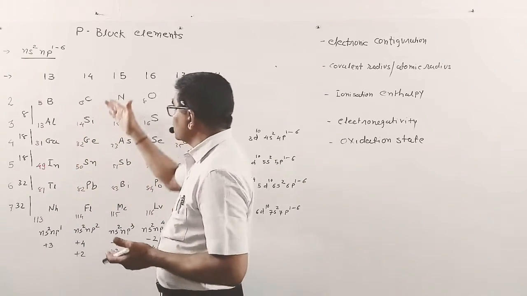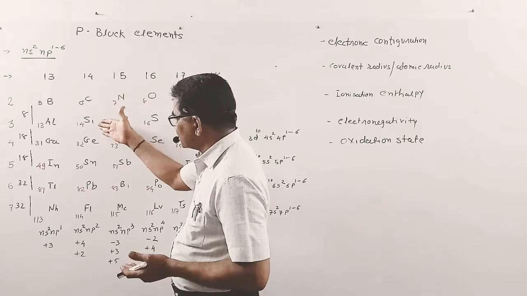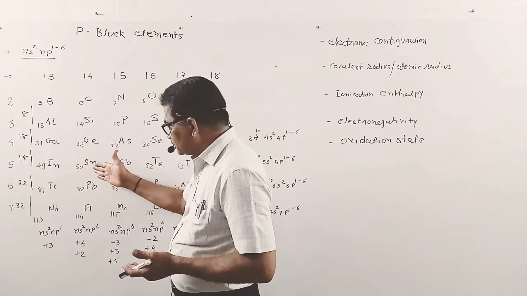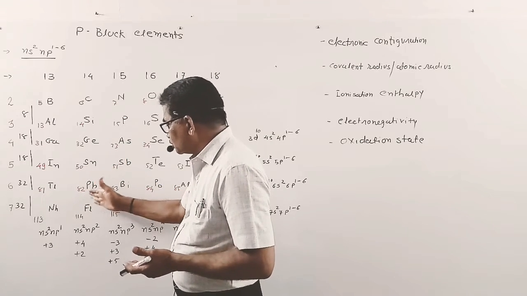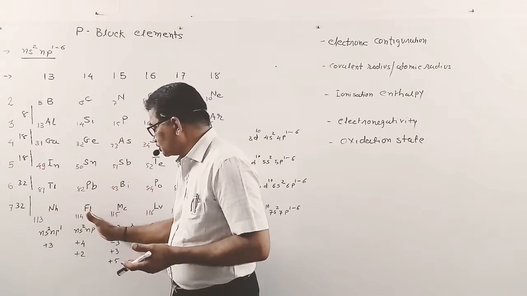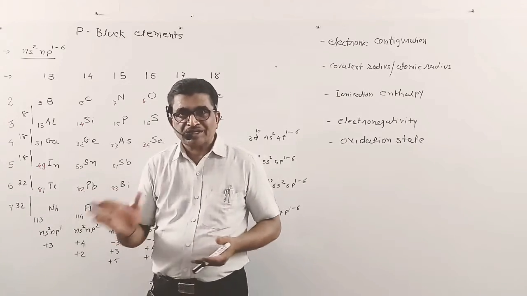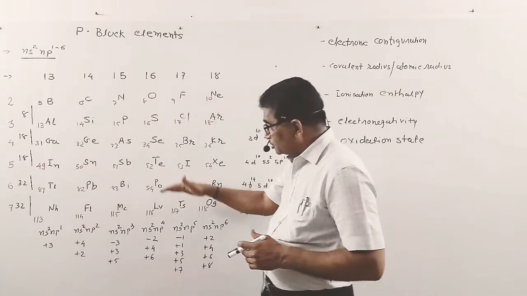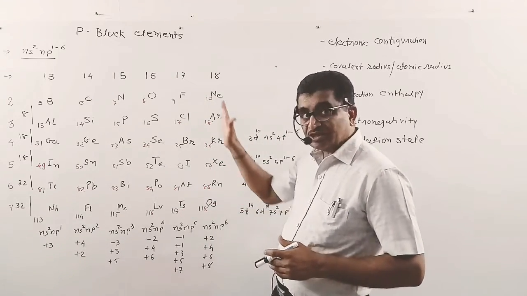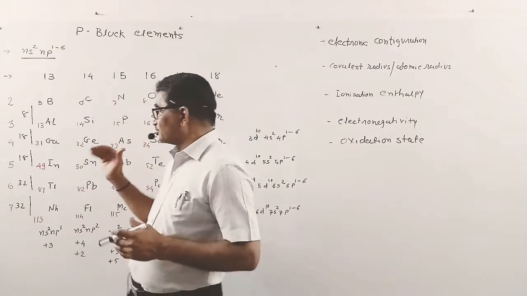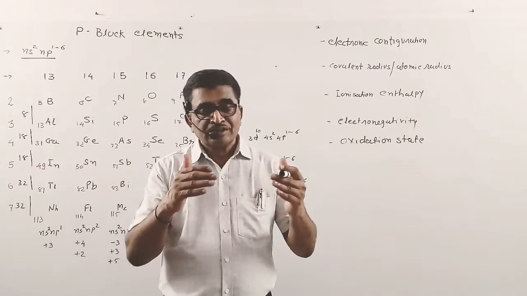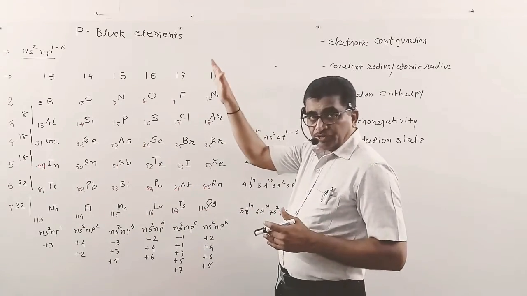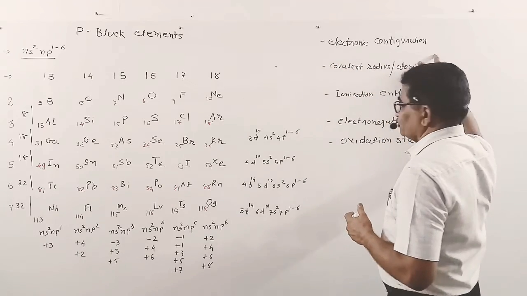As for example, carbon has 6, plus 8 is 14 silicon, plus 18 is 32 germanium, plus 18 is 50 tin, plus 32 is 82 lead, plus 32 is 114. Similarly, this happens with all elements in the same group: the atomic numbers differ by 8, 18, 18, 32, 32.